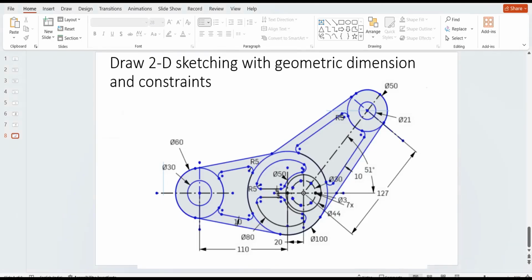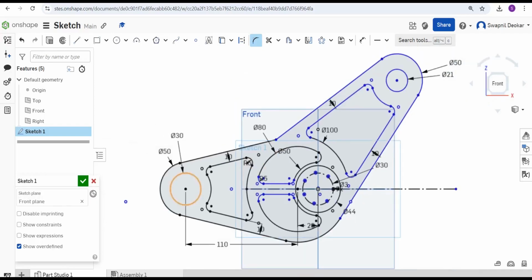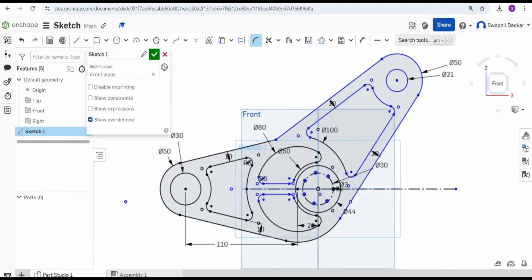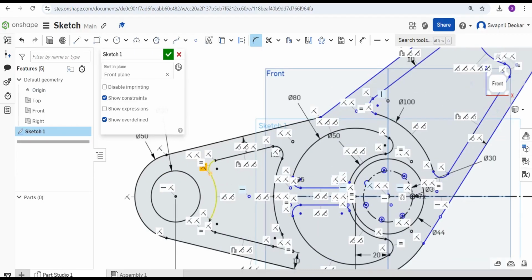So let's check what is remaining. There is a full circle here. Here is also a full circle. So all the things are completed, I think. So let's see. Show the constraints. There are a large number of constraints, so we will delete some of the constraints so that this diagram can look proper.